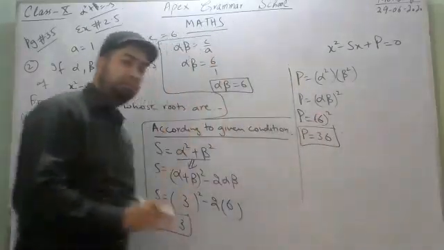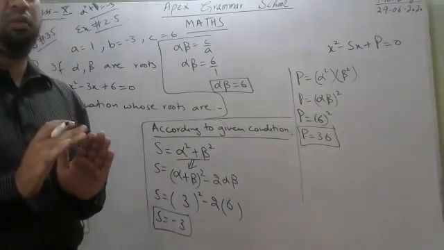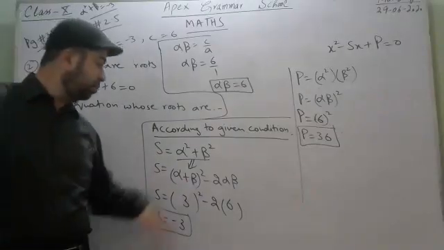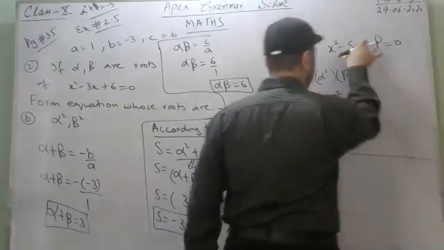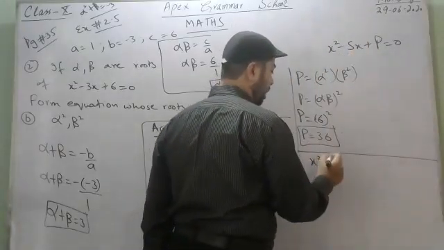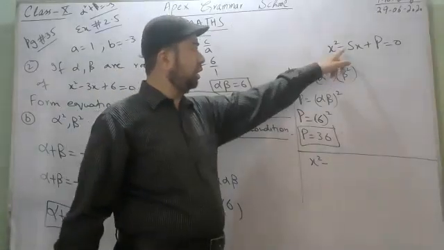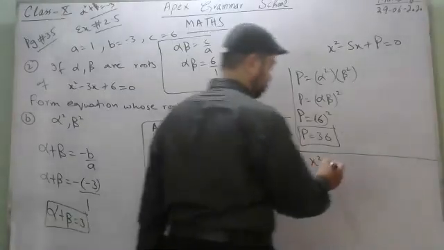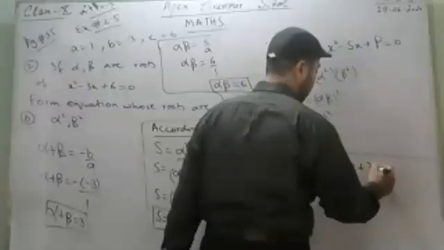We have the product value, and just now the final thing. What is the final thing? I hope you understand it. P and S value, you just have to put them now in this formula: X square minus S. Remember that this minus sign is another one, and within S there is another minus sign, that is minus, X plus P, that is 36.